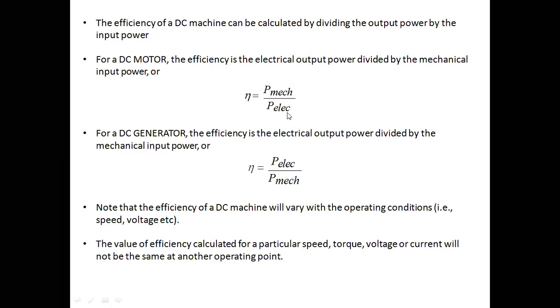So we are taking this in numericals. The efficiency of DC machines will vary with speed and voltage value. Here we have finished how DC machine will work as DC motor and DC generator. Remaining syllabus and numericals we will see in the next session.